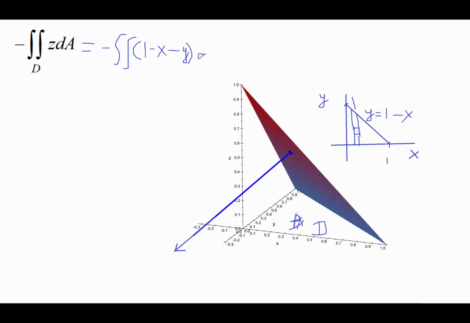So we will integrate with respect to y and go from 0 to y equals 1 minus x, and then of course x is going to go from 0 to 1. So we go ahead and find this iterated integral.